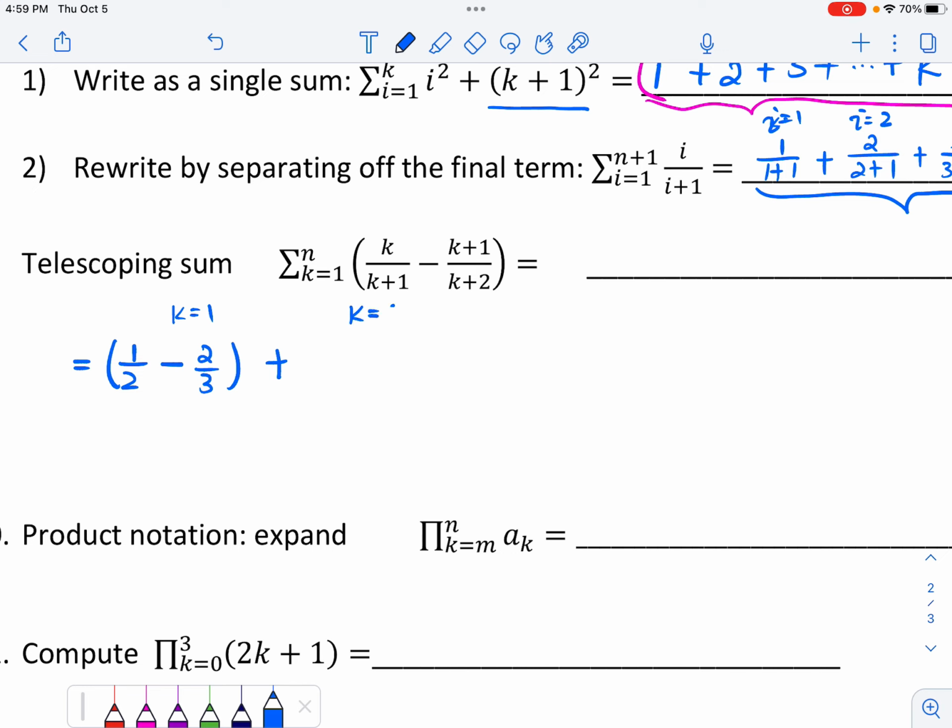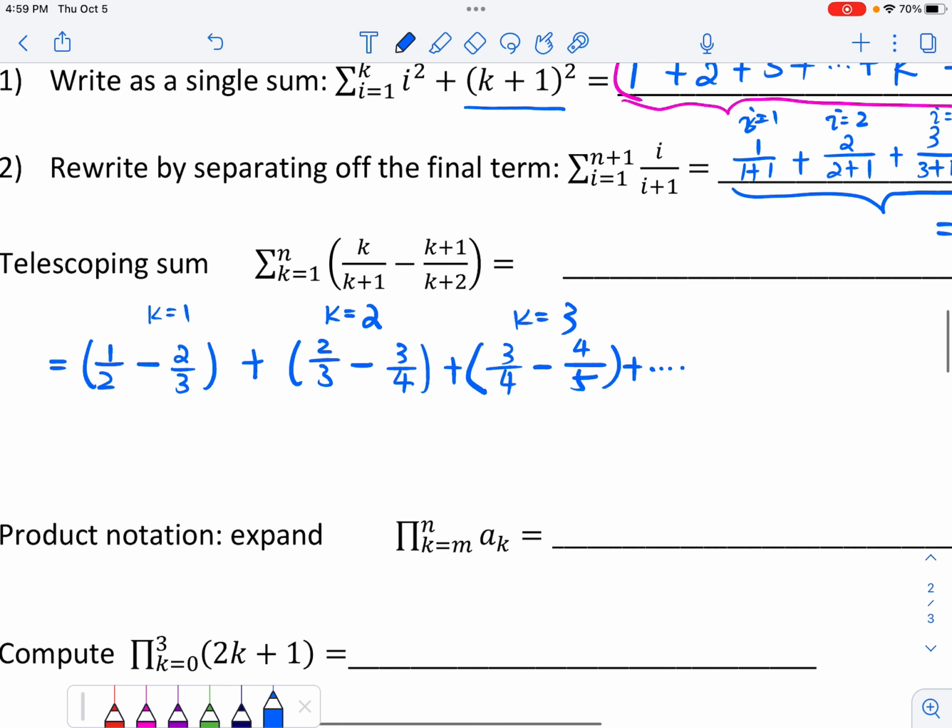Now let's see what we have when k is 2. It will be 2/3 minus 3/4. When k is 3, you can quickly write down the difference, 3/4 minus 4/5, and so on and so forth.